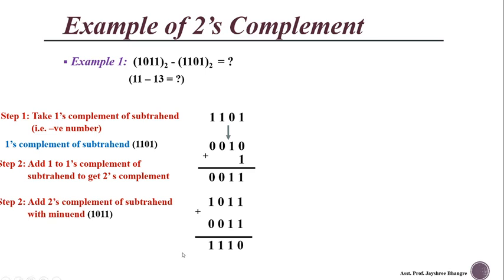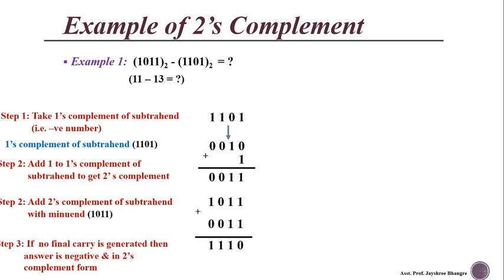As no 5th bit is generated, that means no carry is generated from the MSB. So according to the rule, if no carry is generated from the MSB, the answer is negative and in its 2's complement form. So to get the true answer, we have to subtract 1 from this answer, and we get 1101.